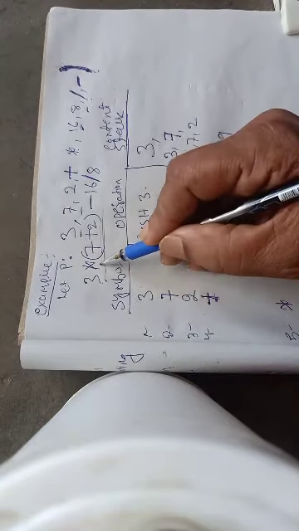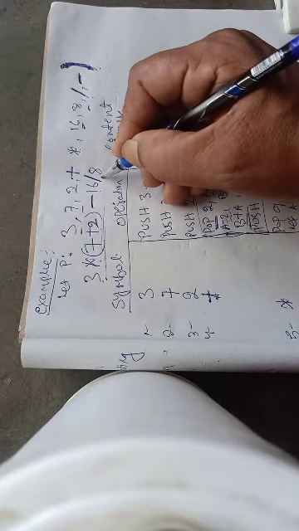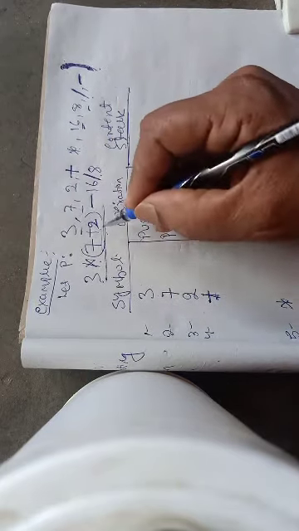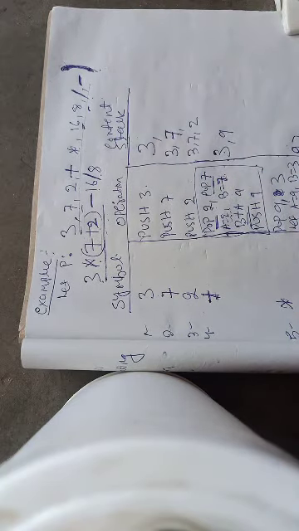So this is the actual infix expression, 3 into 7 plus 2 minus 16 divided by 8, and this expression is converted into this postfix. Then evaluation is conducted.